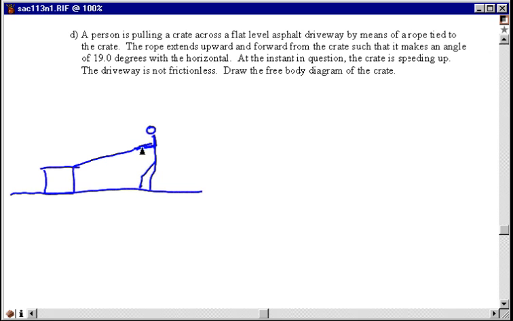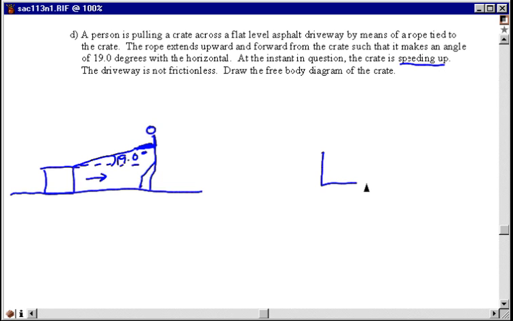And they're pulling on that rope. There's the arm of the person, pulling on that rope, and the rope makes an angle of 19 degrees with the horizontal. So the object is going that way, and it's speeding up.